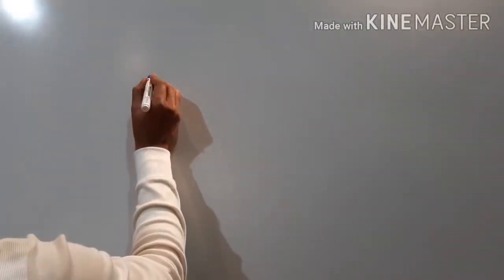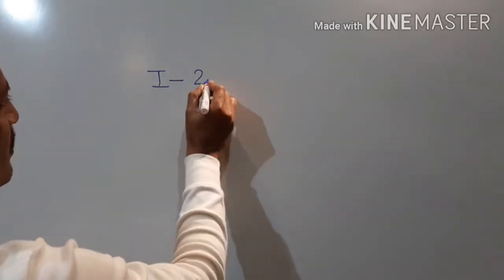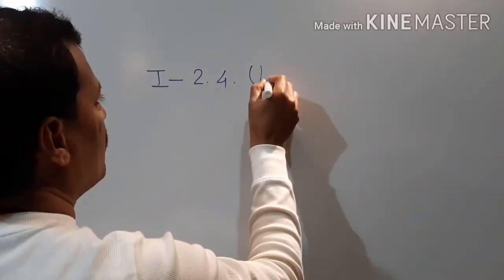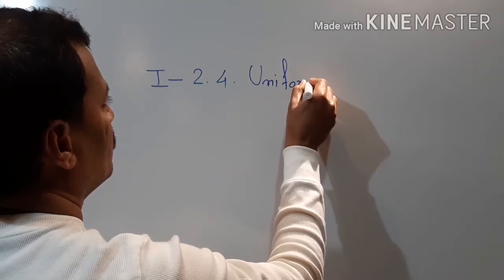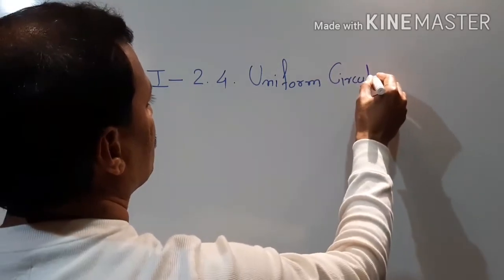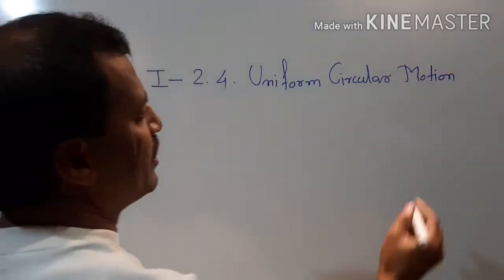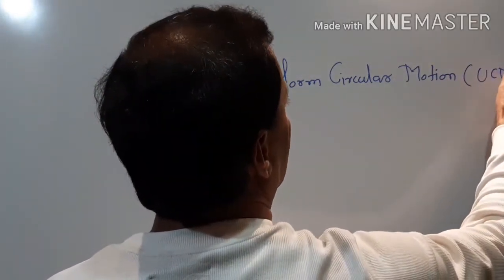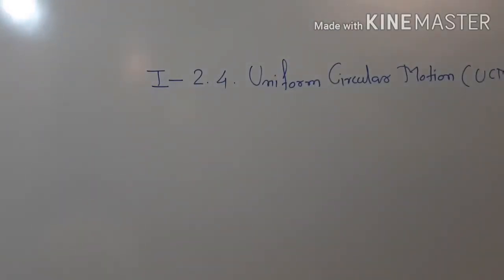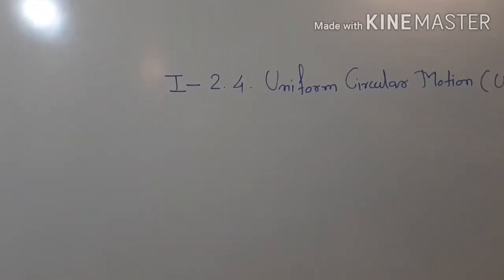So, write down part first, second point, kinematics, in which it is a fourth point: uniform circular motion, in bracket UCM. This is our today's first point.